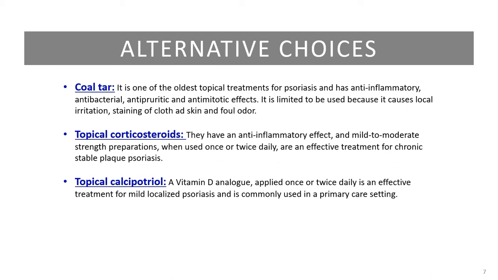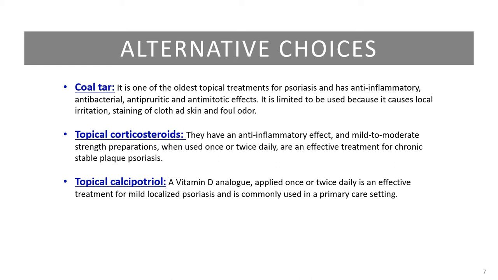They have anti-inflammatory effect, and they are used for mild to moderate conditions, and they are available in different strengths. So we can apply different topical corticosteroids according to the condition and the severity of the psoriasis, and it can be used once or twice daily, and has been seen really effective for stable plaque psoriasis.